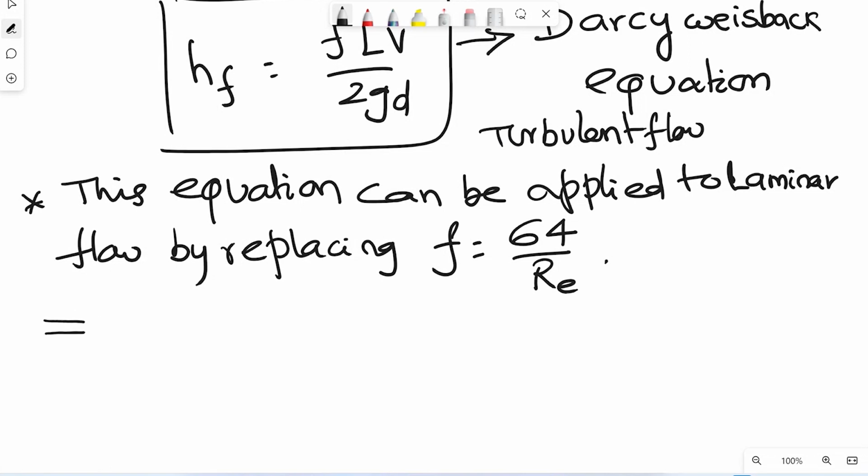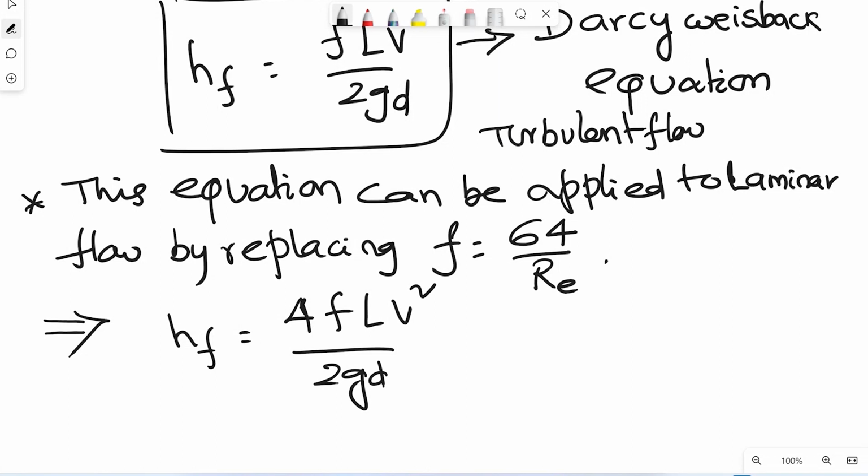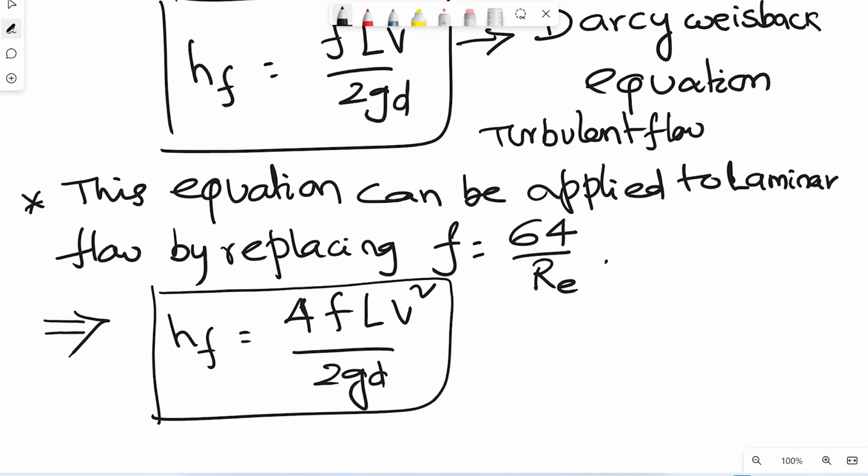Some of the British textbooks write HF is equal to 4FLV squared by 2GD right from the beginning, so that they don't confuse the two. Whether you use this equation or that one is fine, but for me, in order to avoid any confusion, I use only FLV squared by 2GD.